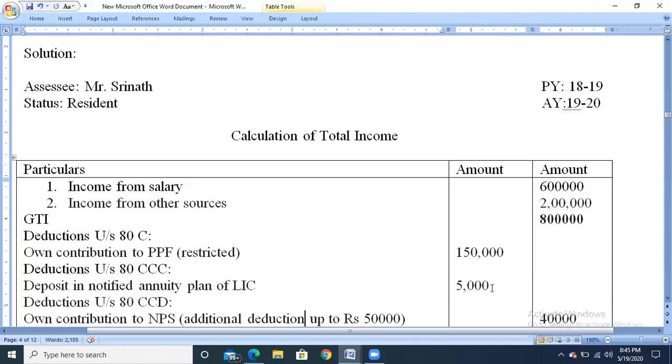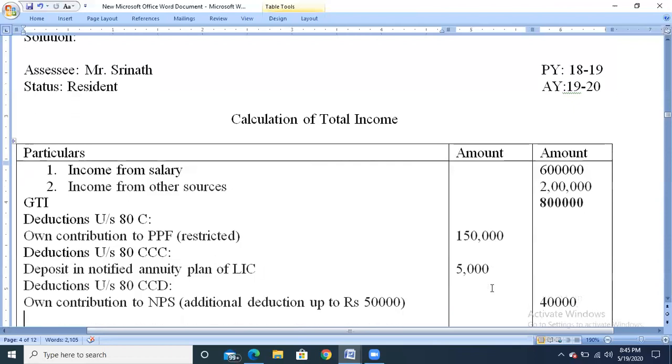Next, deduction under section 80CCD, because he has contributed to the NPS, that is the notified pension scheme. So first we need to claim the additional deduction under section 80CCD subsection 1B up to rupees 50,000. But he has contributed 40,000, and up to 50,000 we can claim the deduction. So the entire amount of rupees 40,000 we can claim as deduction under section 80CCD subsection 1B, and that 40,000 will not be included in the total of all the three.